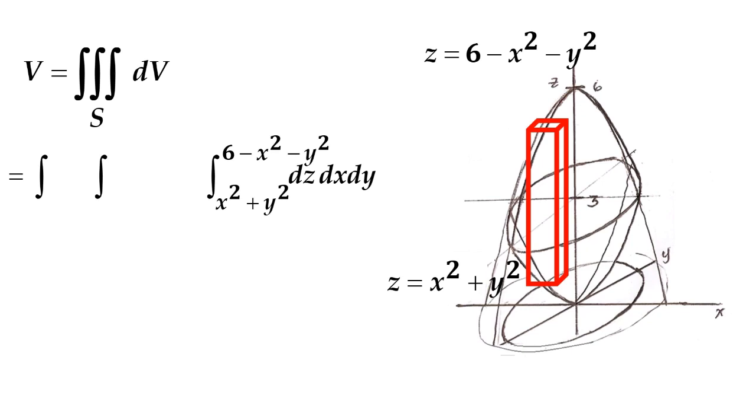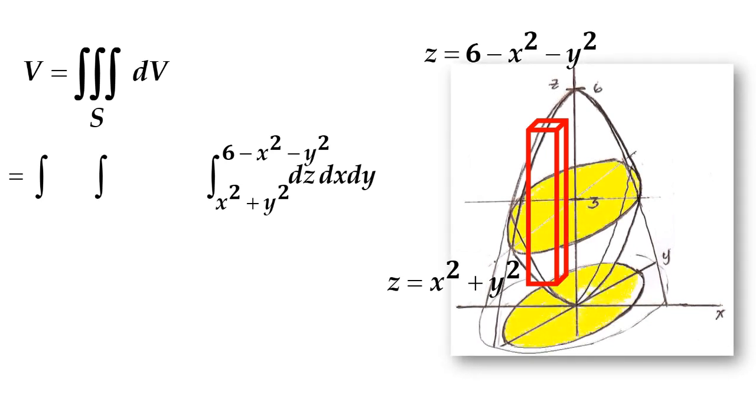Then, the region on the xy plane is the intersection of the two surfaces, which is z equals 3. So, the equation on the xy plane is given by x squared plus y squared equals 3. And since the order of integration is dx dy, we will be using the horizontal strip as shown.